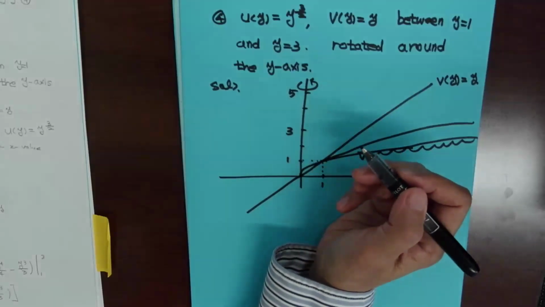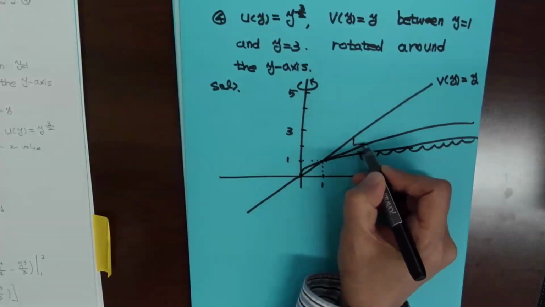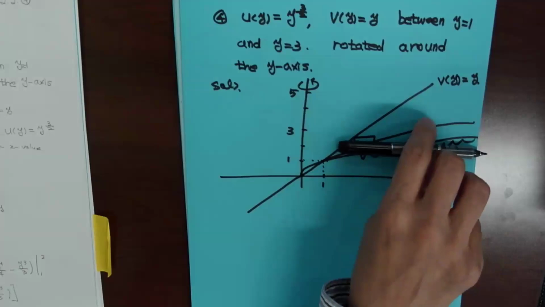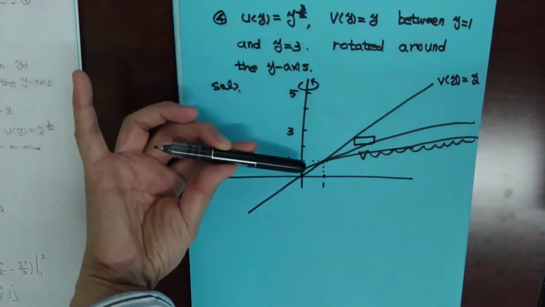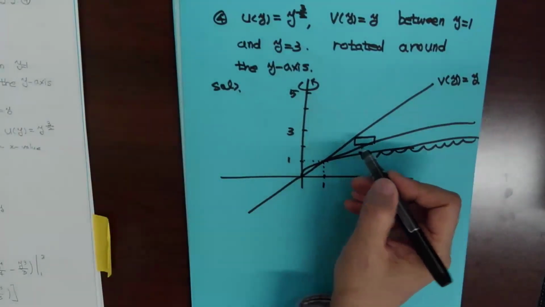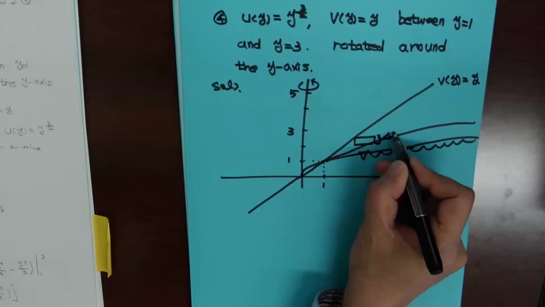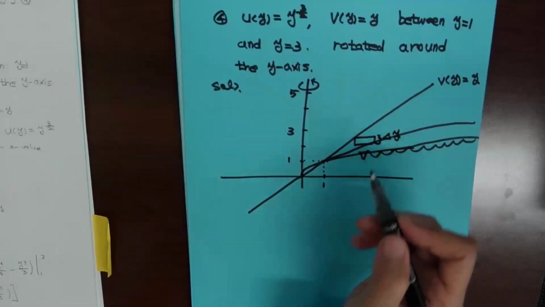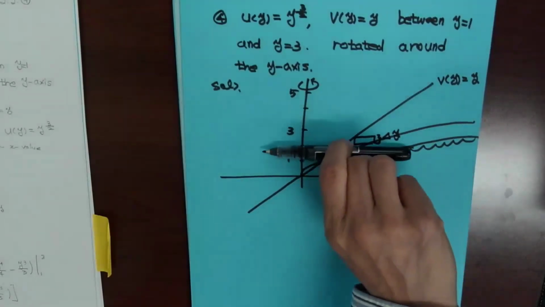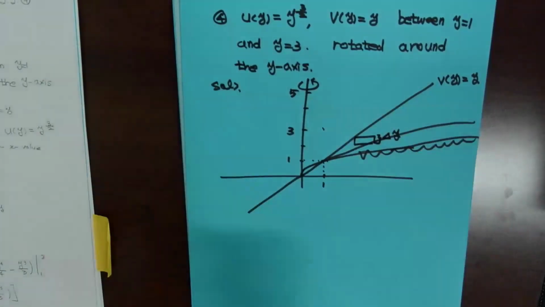So when we draw the stick we are thinking about, this one, we will just rotate along the y-axis. This time we think about delta y, so that will become dy. So instead of a stick vertically raised, this time it is horizontally raised and then goes around the y-axis.